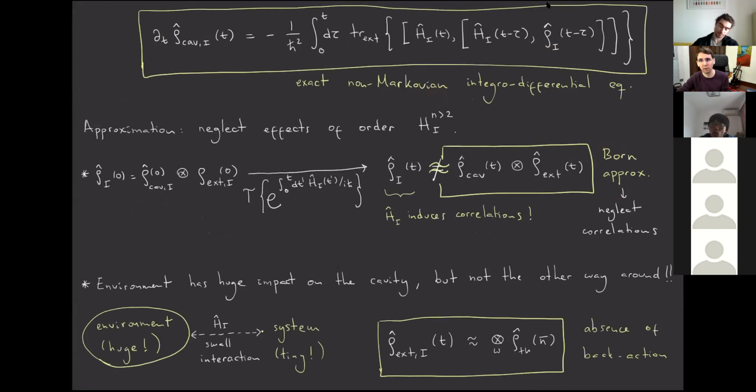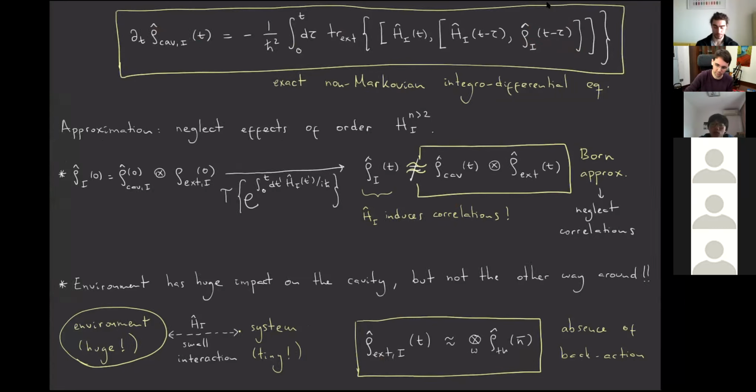So in the next lecture, we will also work with the open theory of an atom. And there we will relax this condition and you will see what happens when the interaction depends on omega. And you will see that we need to make this approximation by hand. Just these approximations are not enough to allow you to assume that this derivative depends only on the state at time t, and doesn't depend on the history.